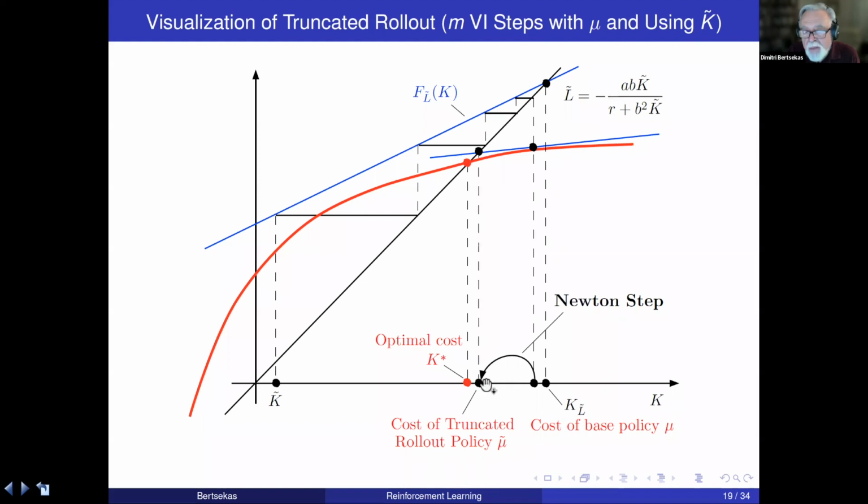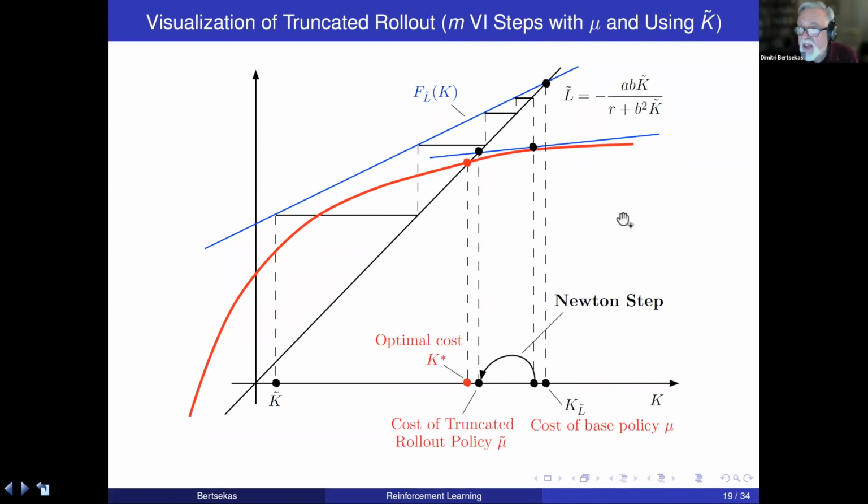So there is some point at which I will cross into this region here, and extra value iterations do not help me, they actually take me further away from K star. So the answer is that I should use a fairly large number of value iteration steps, but after a certain point, they don't help me very much. But the damage is relatively small again.